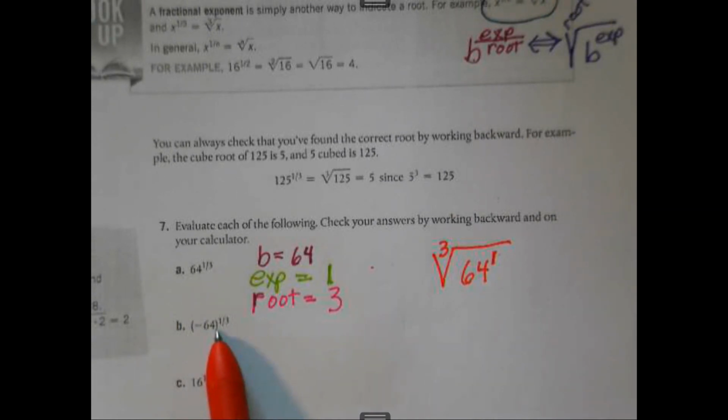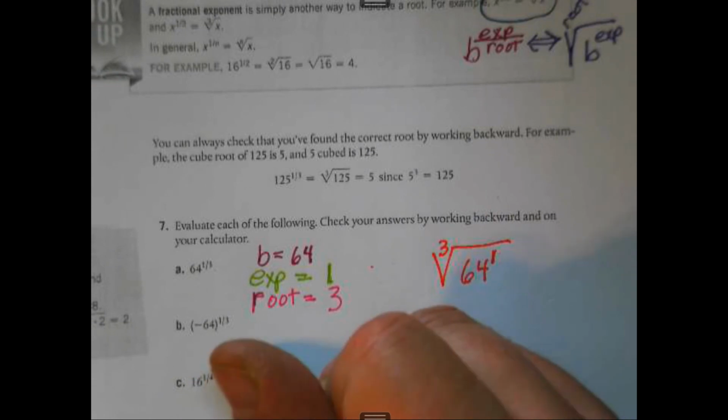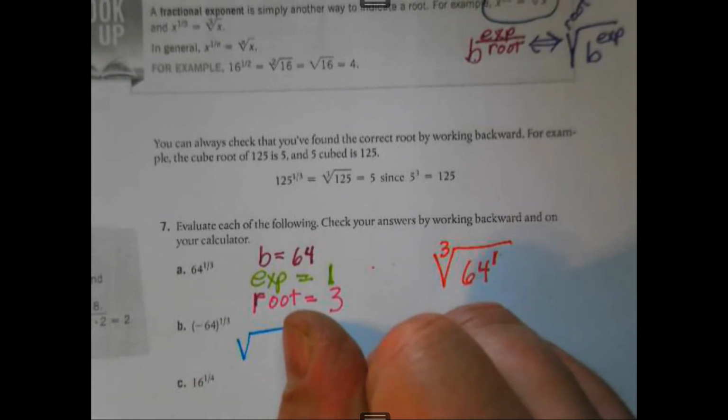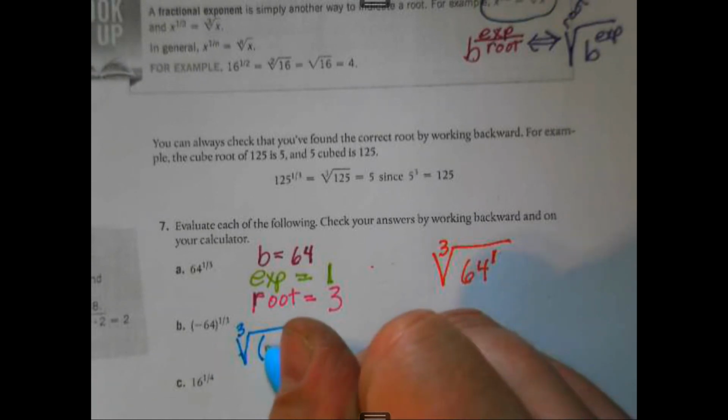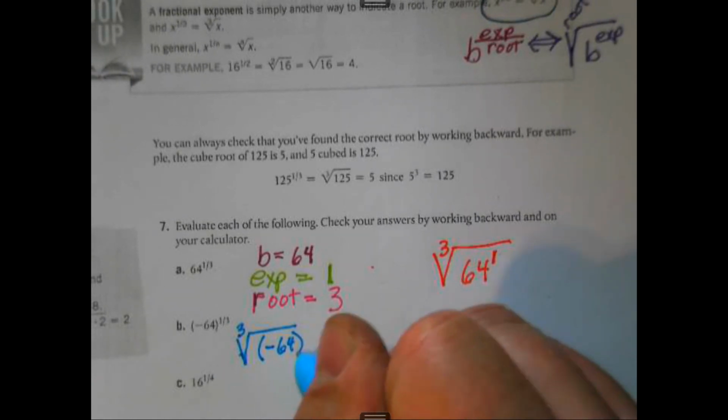If I have a negative sign, it's the same thing, just keep the parentheses around the negative number. So here's my radical, still cube root. This time it's negative 64 to the 1st power.